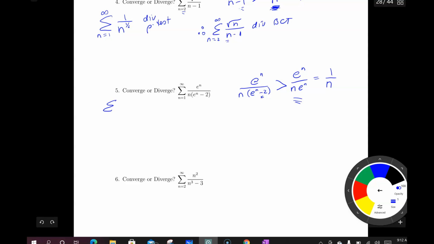And what do I know about 1 over n? 1 over n diverges by the p-test, so therefore, since it's the smaller, my basic comparison test works. The sum from n equals 1 to infinity, this one diverges also by basic comparison test.